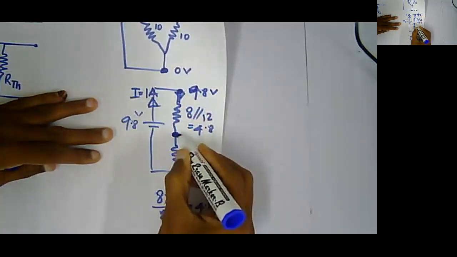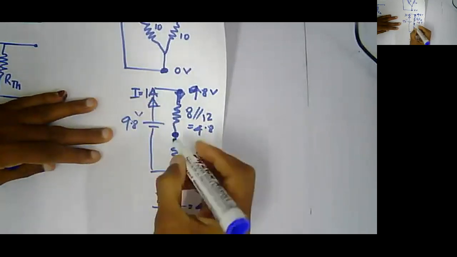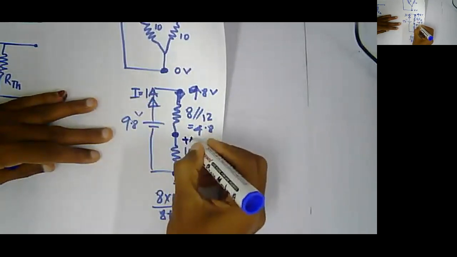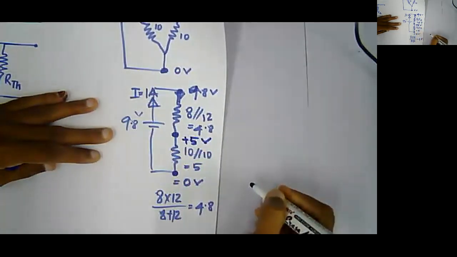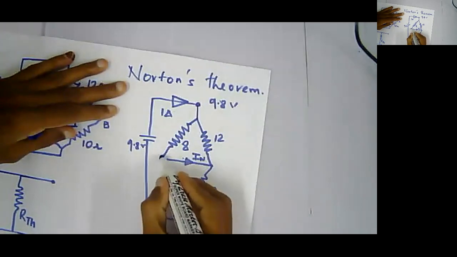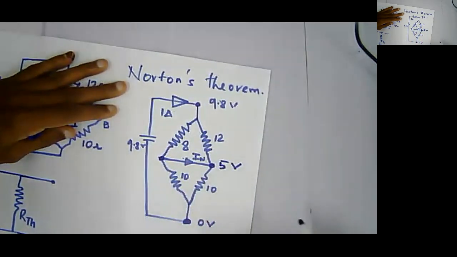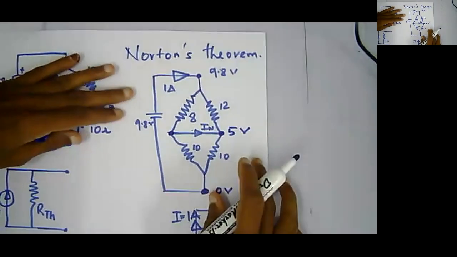Hence, the voltage at this point will be simply 1 amp times 5 ohms, so 5 volt, right? So the voltage at this line is actually 5 volt.